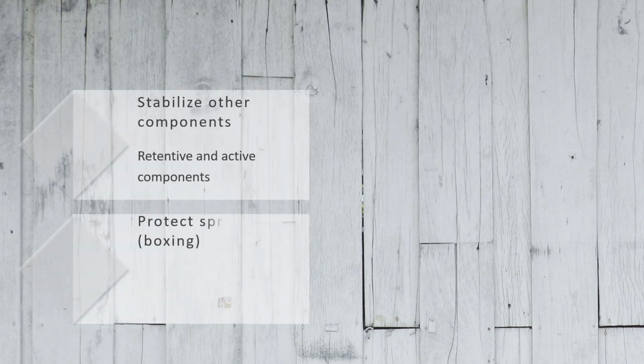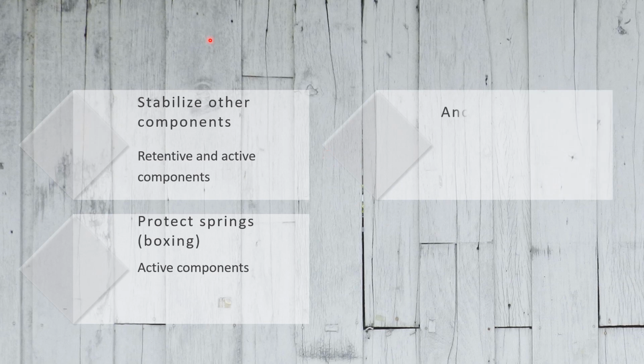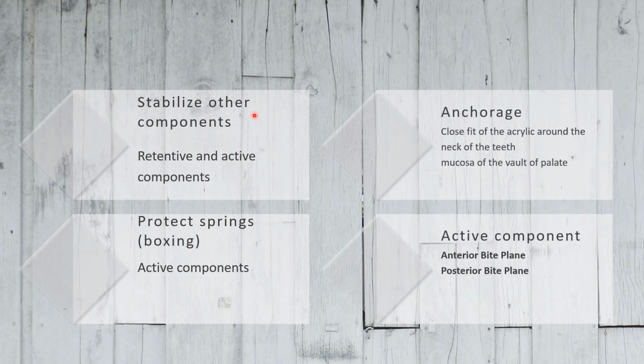The function of the acrylic base plate is to stabilize the other components of the removable appliance, the retentive and active components. It also protects the springs by boxing, for example the Z spring, from damage during the normal function of the oral cavity.